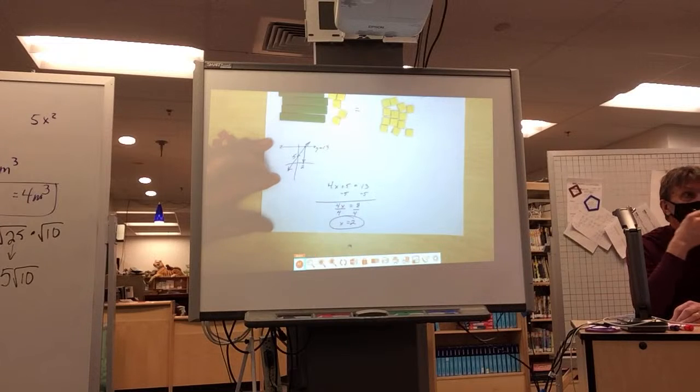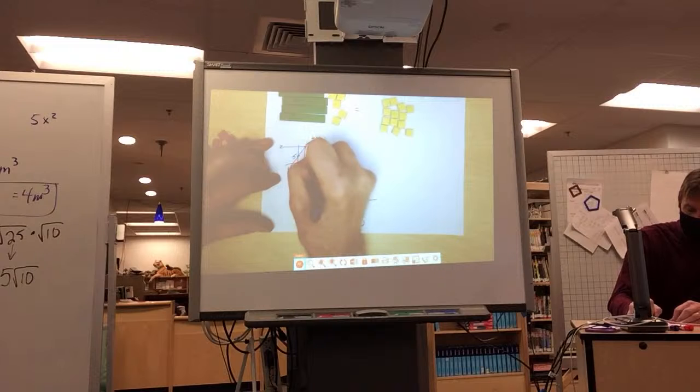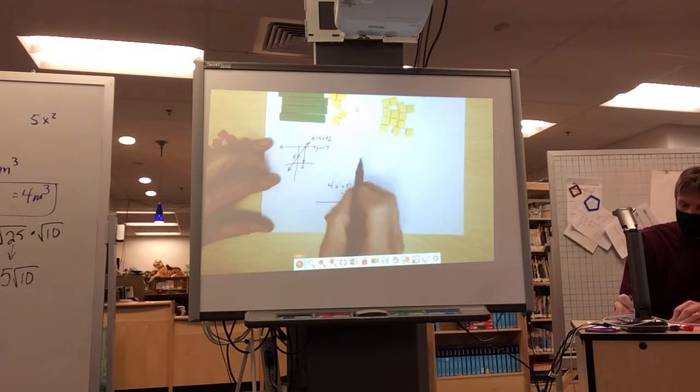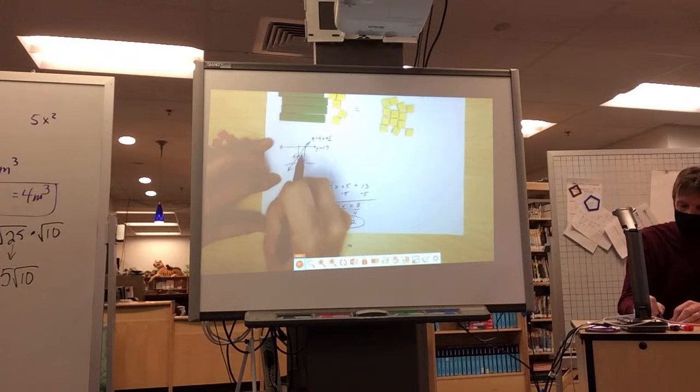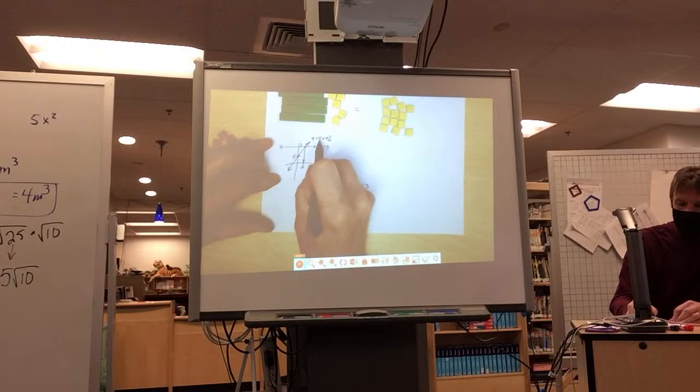Willa, question? How can you tell that the graph for that will look like that? The graph for 4x plus 5. Yeah, so this is y equals 4x plus 5. How can I tell? Well, that 5, we discussed a little bit yesterday, that's where it crosses the y-axis. And then 4 is how steep it is.